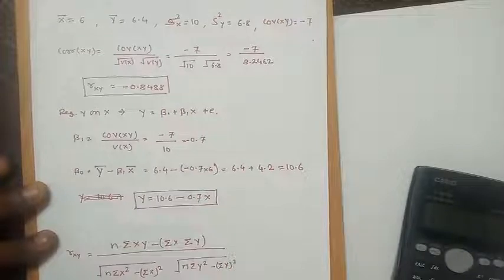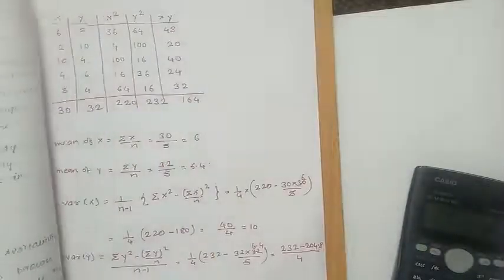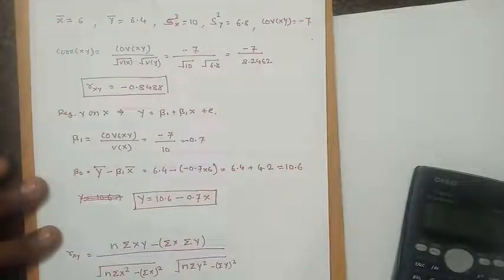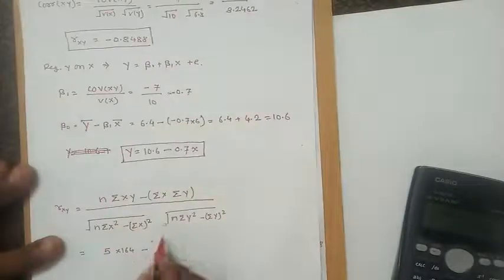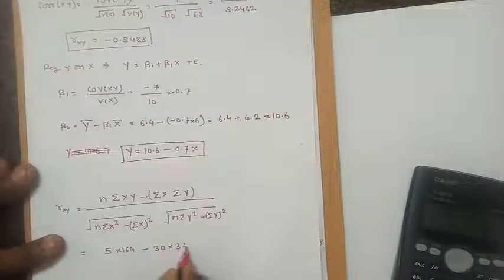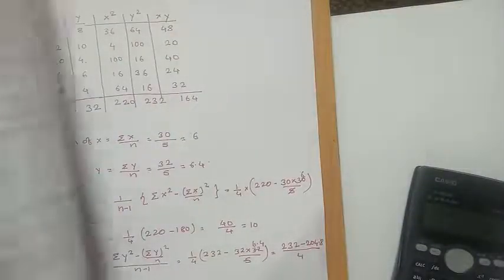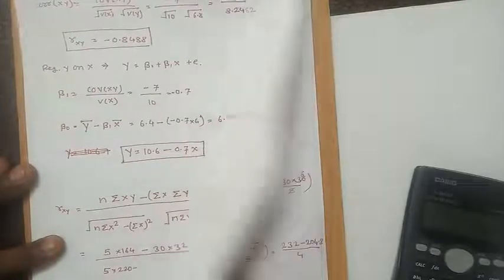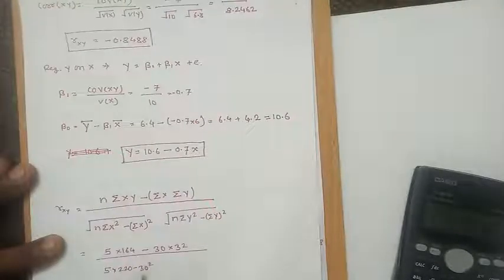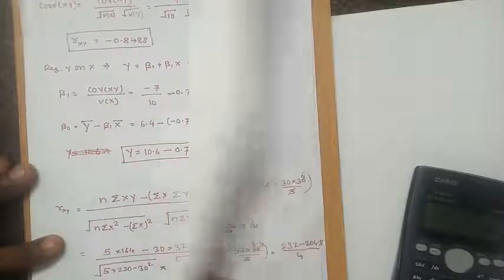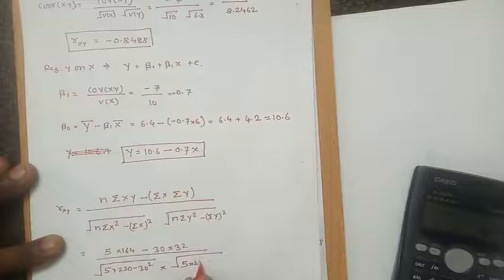That is 5 into summation xy, which is 164, minus summation x is 30 into 32, whole divided by the square root of 5 into summation x square, 220, minus 30 square, into 5 into summation y square, 232, minus 32 square.